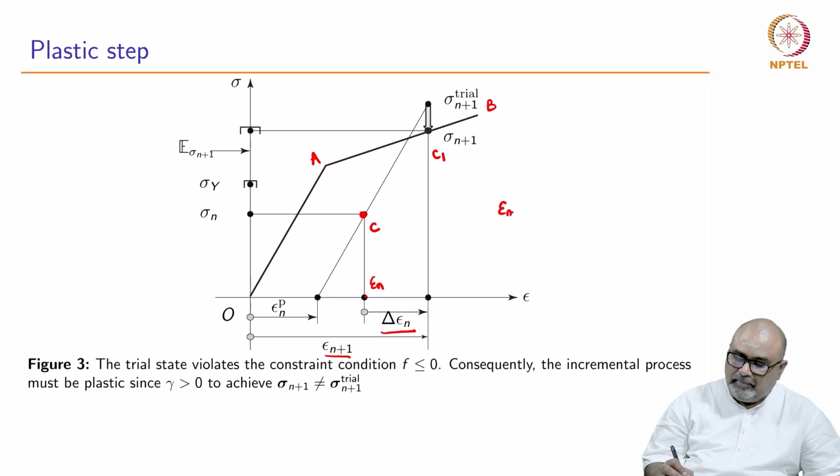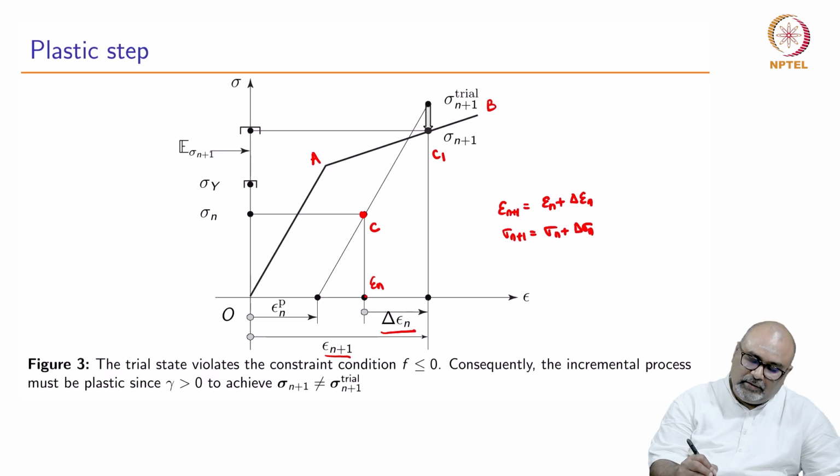So, epsilon n plus 1 is equal to epsilon n plus delta epsilon n. Now, similarly sigma n will change from sigma n plus delta sigma n.